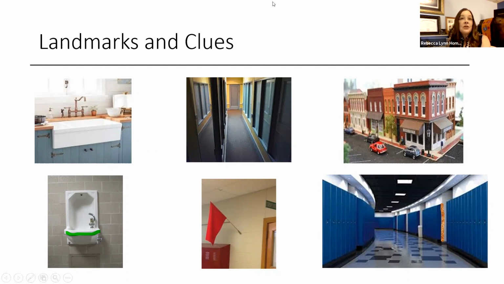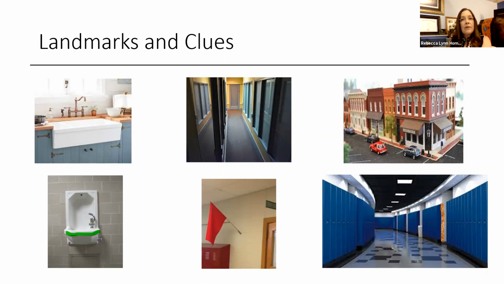The definition of a clue on our route is that it's temporary. It's temporary information that is sometimes there and sometimes not there, but it's there enough that it's a hint about what's coming up. A landmark, on the other hand, is permanent and unique, and we're always going to find it in the same place.